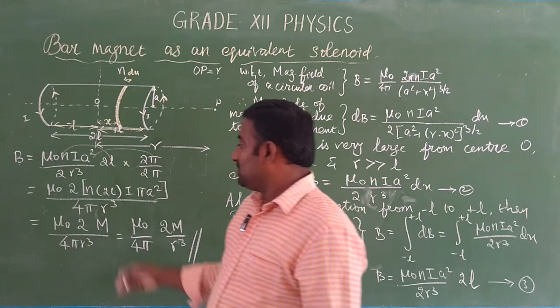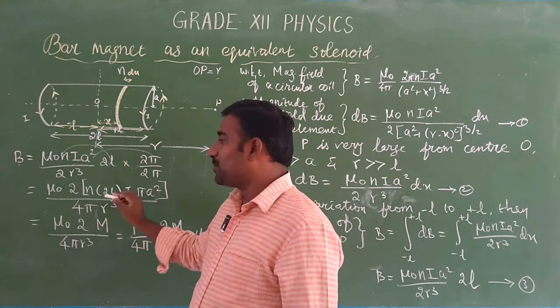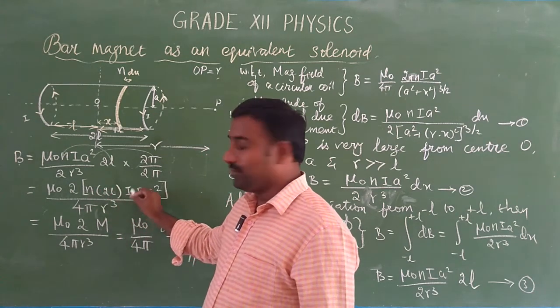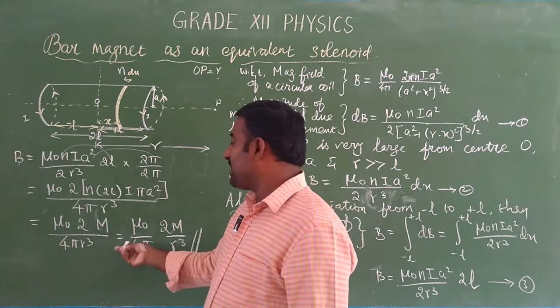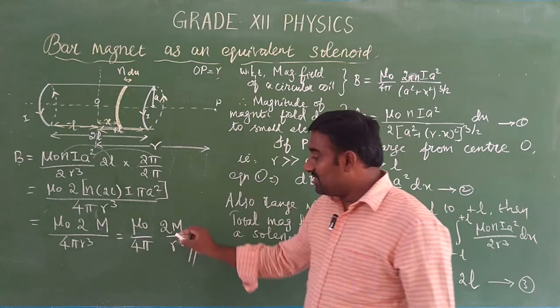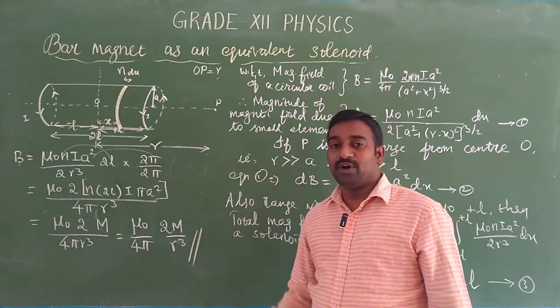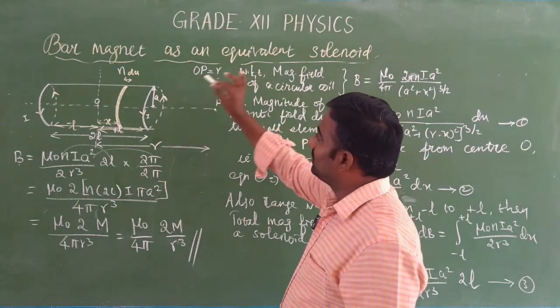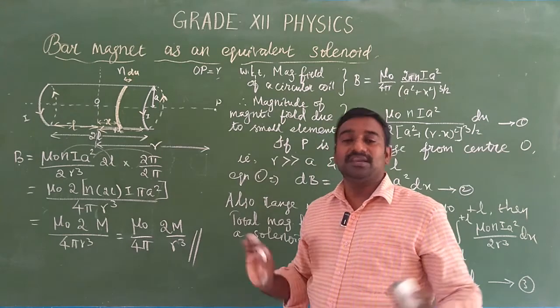So the magnetic moment, capital M, of the solenoid is the product of the number of turns in its length, the current flowing through the solenoid, and also the area of cross section. So we obtain the magnetic field of the solenoid, and this magnetic field is the same as the axial field of the bar magnet. So we can prove that the bar magnet magnetic field and the solenoid magnetic field are equivalent or similar.